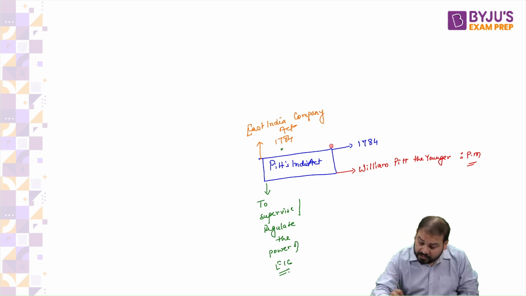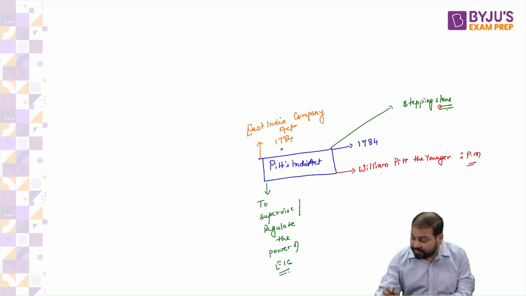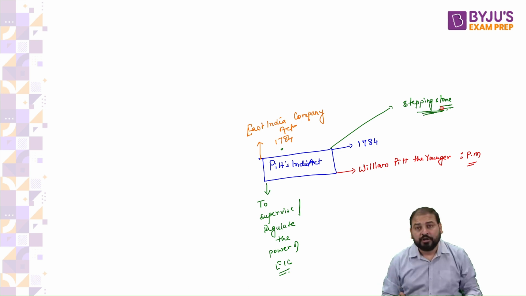Some people say this is the stepping stone for the British administration ultimately. This is a very, very important law. Some people have said this is the most important law till this point.